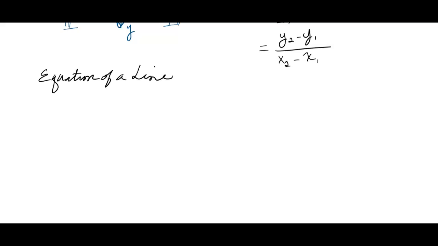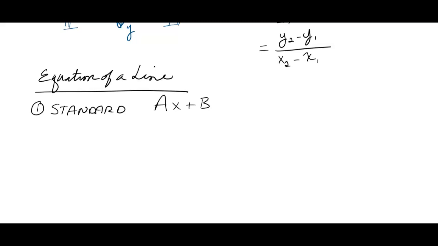There are 3 forms of the equation of the line. There is what we call our standard form. Standard form has the x value first, plus or minus. I'm going to write plus, but it could be minus if the y value's coefficient is negative.